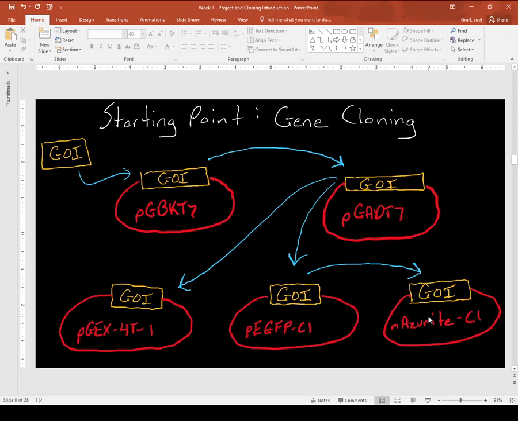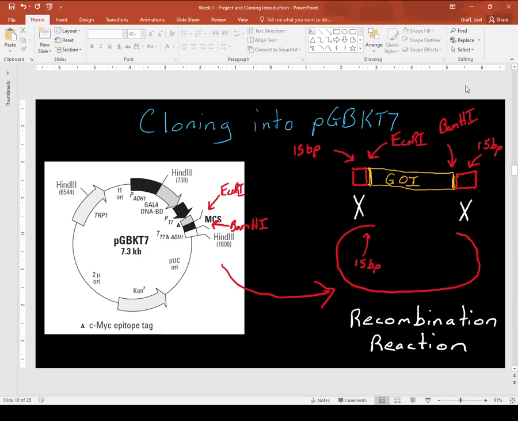And we have a number of fluorescent plasmids, and the genes can be popped into and out of those different plasmids so that we can have our gene, our protein of interest, tagged with a color. But before I get too much into the properties of each of these plasmids, I want to go through our general gene cloning logistics.